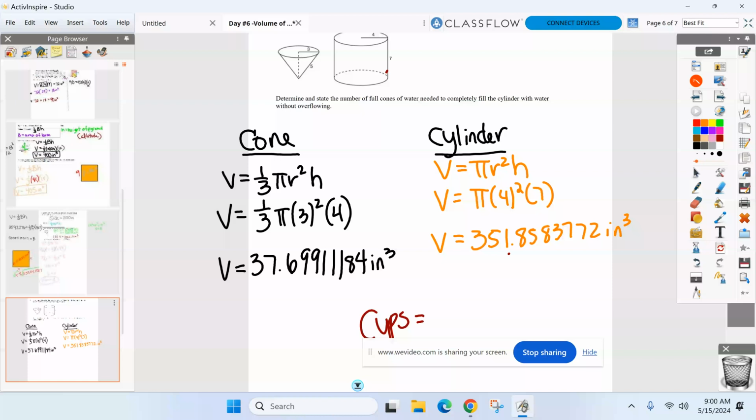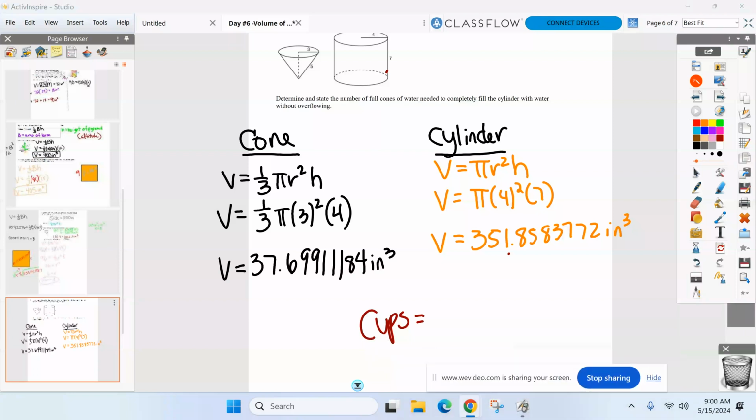So what do I want to do with these two volumes to find the number of cups? I want to divide them. You end up multiplying. That's a lot of cups. And there's no way you're going to go way over what you can hold. So you take the volume of your cylinder divided by the volume of your cone.